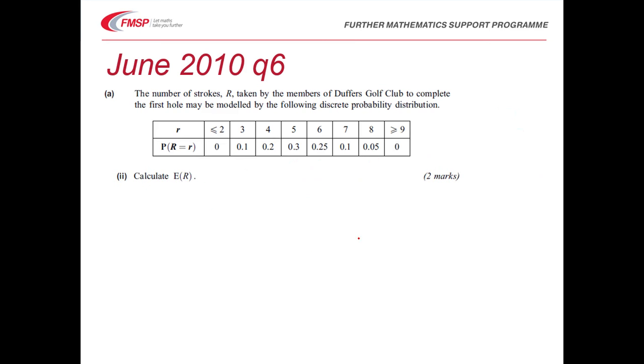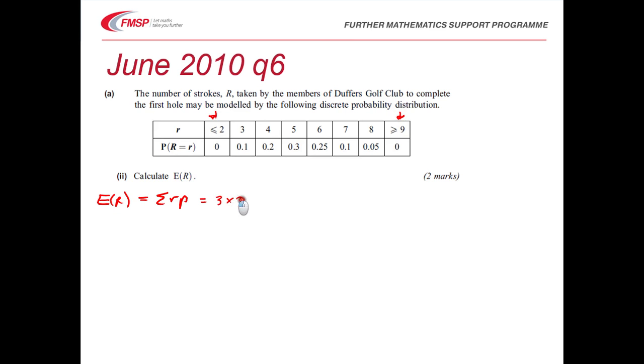We're then asked to calculate E(R), and what we're told on the formula sheet is that the expectation of R is equal to the sum of R times P. Now, these are here because they should be, but they're zeros, so we don't need to consider those. So again, some evidence about what you're doing is useful.